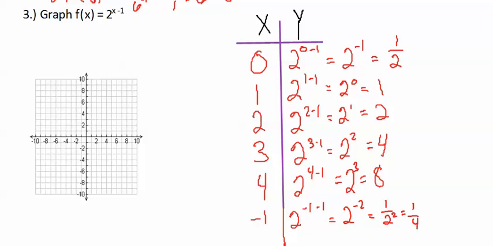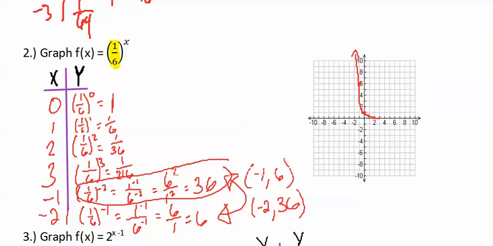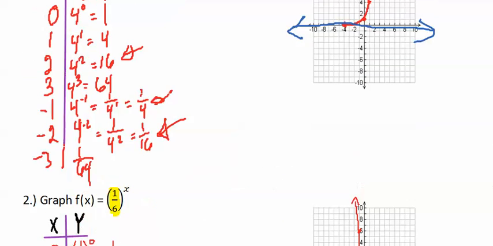Now, you'll notice that in the other graphs that we had, the typical intercept was right at 1.